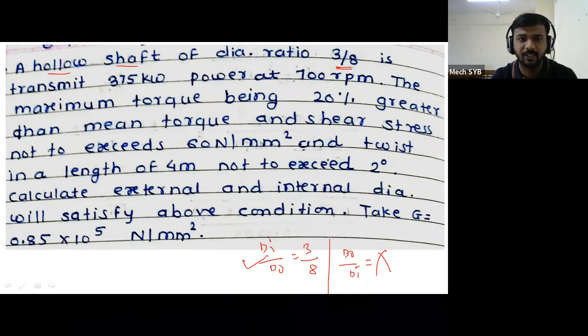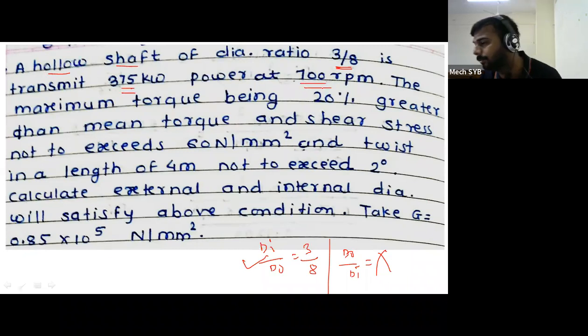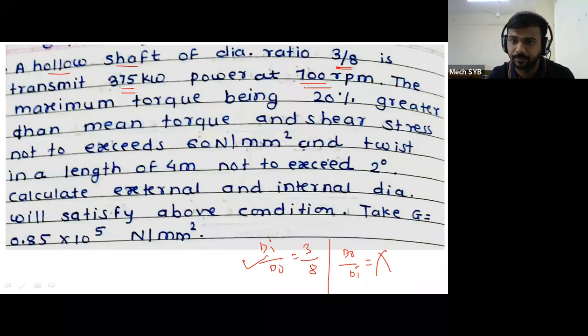3 by 8, it transmits 375 kilowatt power at 700 rpm. Just let me check, is it 700 or 100? Sorry, it is 100. This is 100 rpm, not 700. It transmits at 100 rpm, full stop.